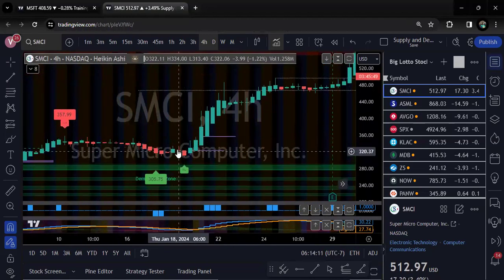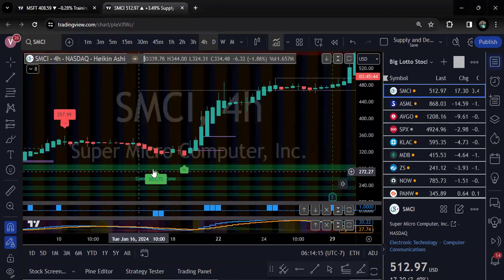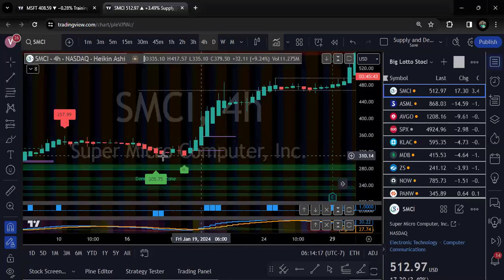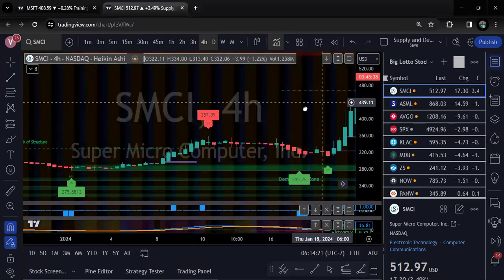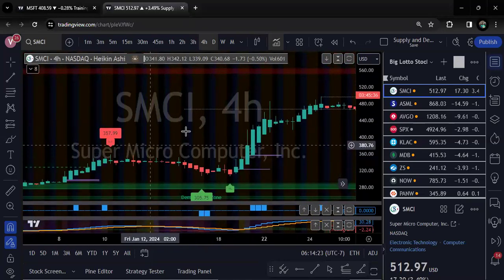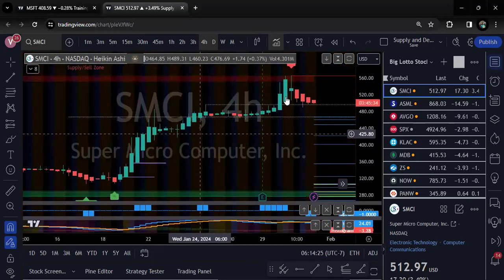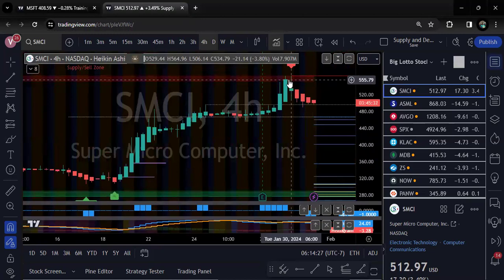Okay, you can look at lower time frame, you can look at 4 hour, you can look at daily, but you see on the 4 hour, we have a huge gap from this level, 275. It went very non-stop, just going and going until we hit 564 yesterday post ER.